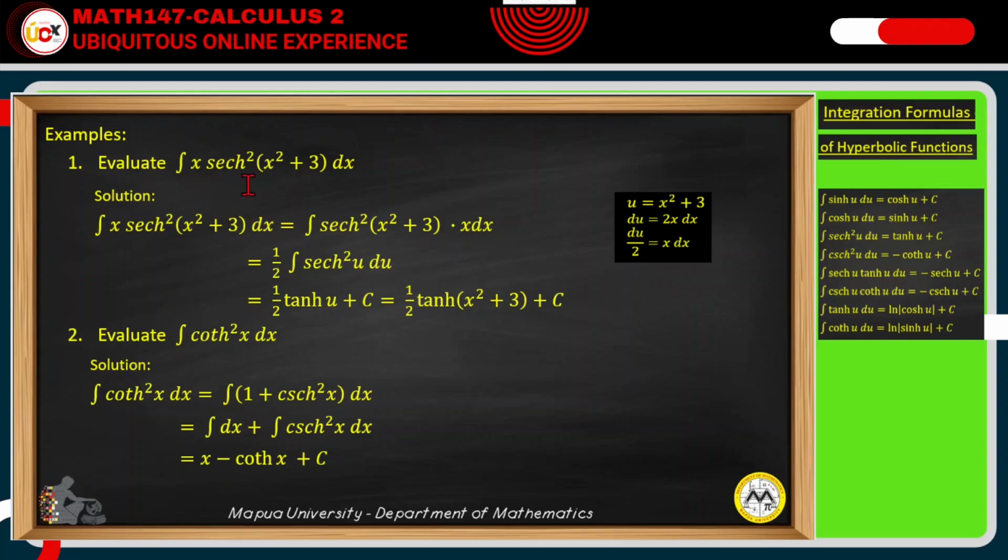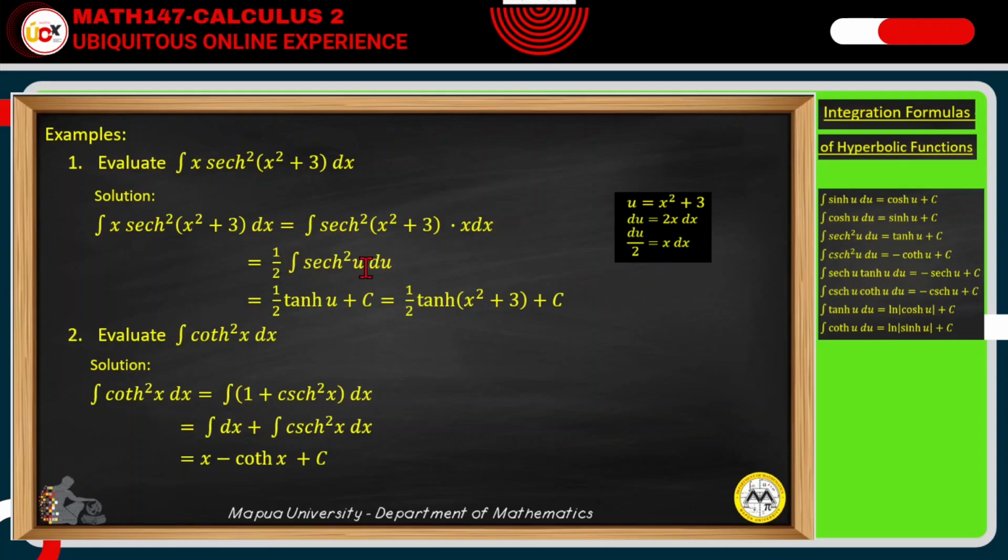This integrand can be written as the product of hyperbolic secant squared of x squared plus 3 times x dx, which we isolated. By substitution, because we let u be x squared plus 3, you can write this as the integral of secant squared u times x dx, but x dx is du over 2. So we replace this by du over 2, and because 1/2 is a constant, we factor this out.